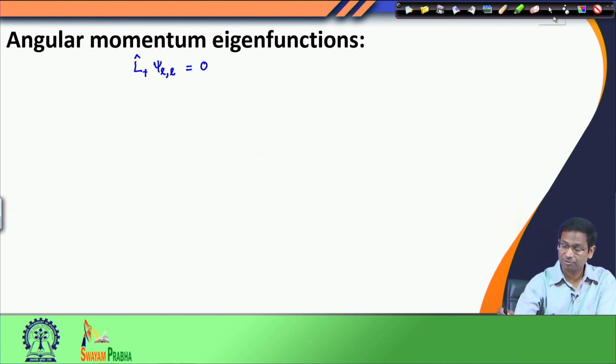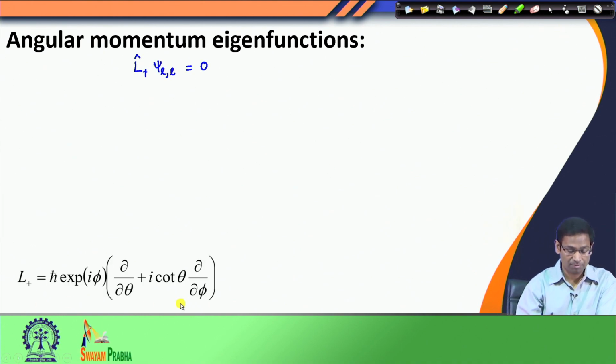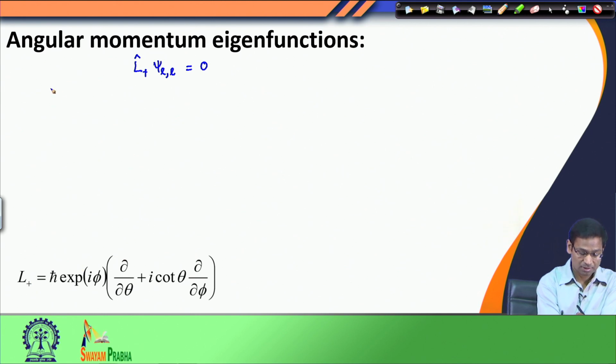Now, what is the functional form of L plus? The L plus functional form is given here. So, I would now use this form. I will write h bar e to the power i phi times d by d theta.